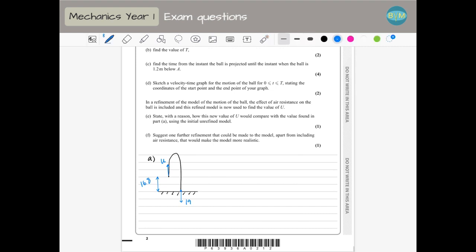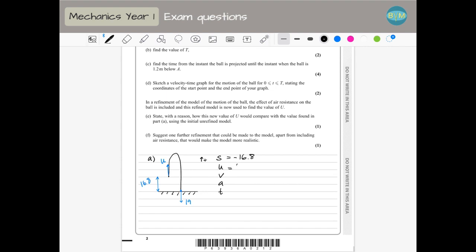To find the velocity, what we are going to do is to write SUVAT. And I'm going to decide a positive direction. Let's say positive is up. So I know information about the whole thing, so I can write the whole thing. The displacement from here to here is minus 16.8, because it's down.